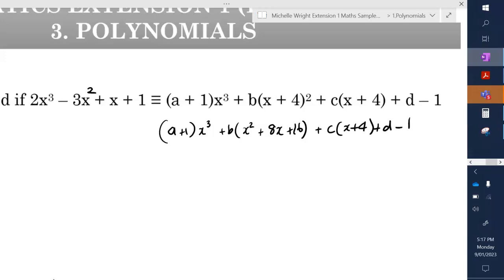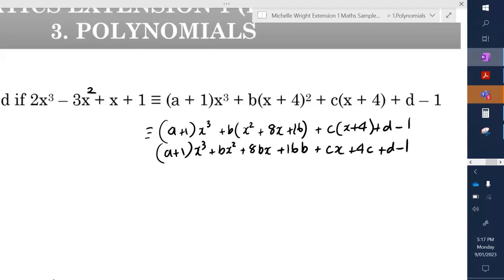I am now going to expand with the b's and the c's. It's going to be a little bit messy. bx squared plus 8bx plus 16b plus cx plus 4c plus d minus 1.